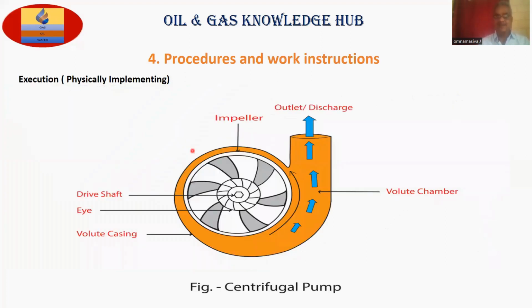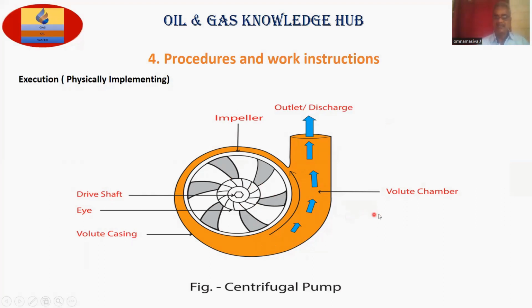This is a basic pump, a centrifugal pump. There are different types of pumps. So you can see the execution part. You have to dismantle the piping connections, and replace some worn out parts: dismantling of the pump and replacement of worn out parts, maybe impellers, volute casing.